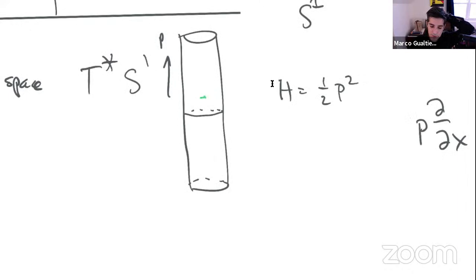There's going to be a vector field that has a constant horizontal velocity, which moves the particle around the circle at a particular speed. But if you increase the value of the momentum, the velocity vectors get larger, right? And there's zero at zero momentum. And then on the other side, they move in the other direction. So what I'm drawing is the Hamiltonian vector field.